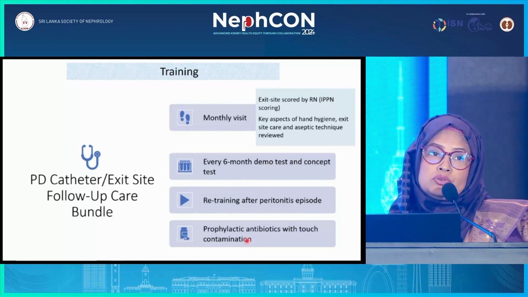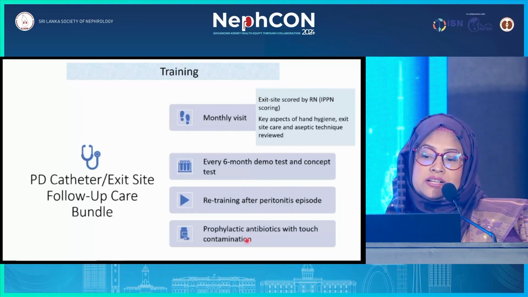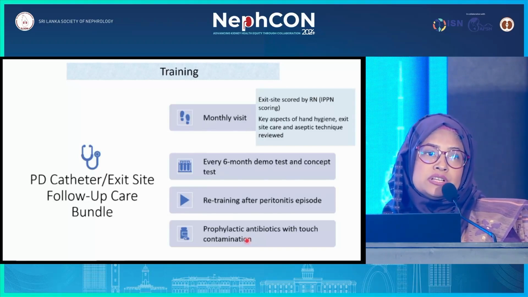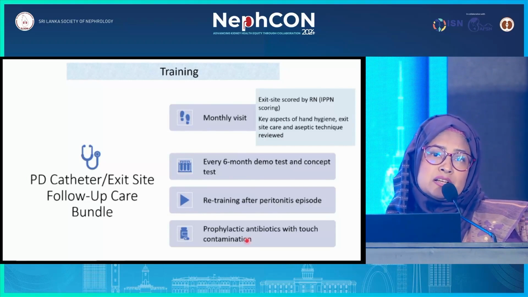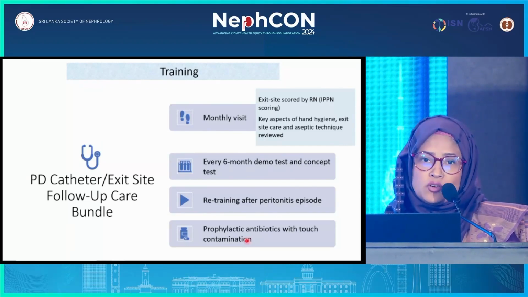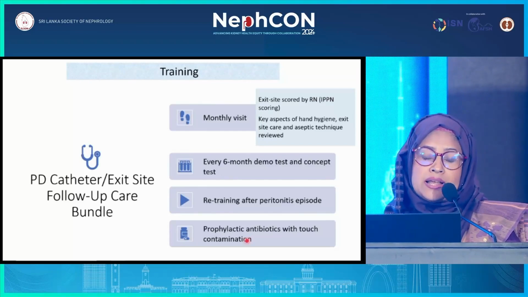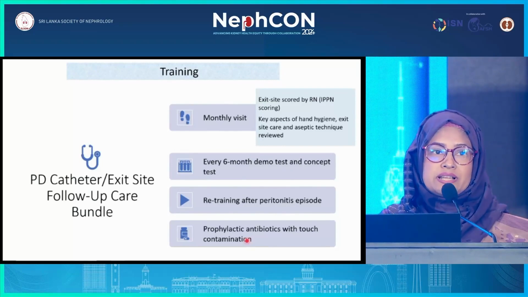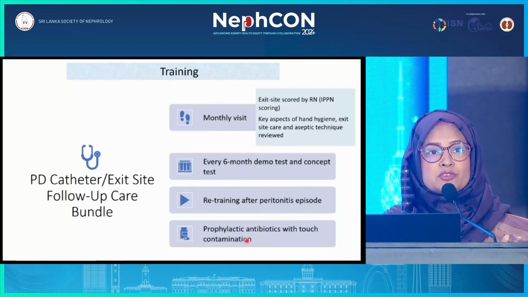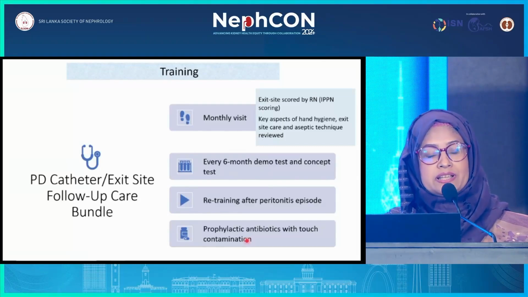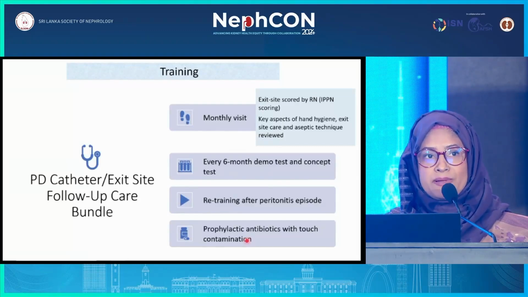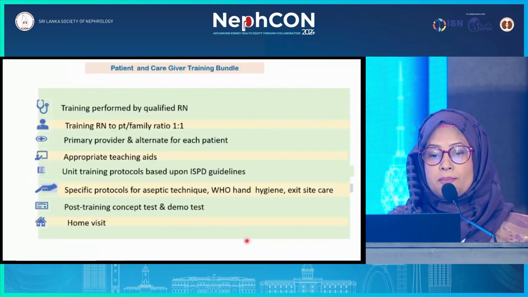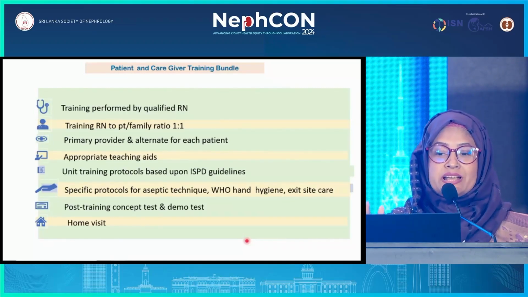We should also check hand hygiene and review it frequently, because hand hygiene is mostly the single most important factor that causes peritonitis in home dialysis. Every 6 months, a demo test and concept test should be taken, and retraining after any peritonitis. Then we should train the caregiver as well as the patient again. And prophylactic antibiotic with touch contamination should be given. And this is the patient and caregiver training bundle.